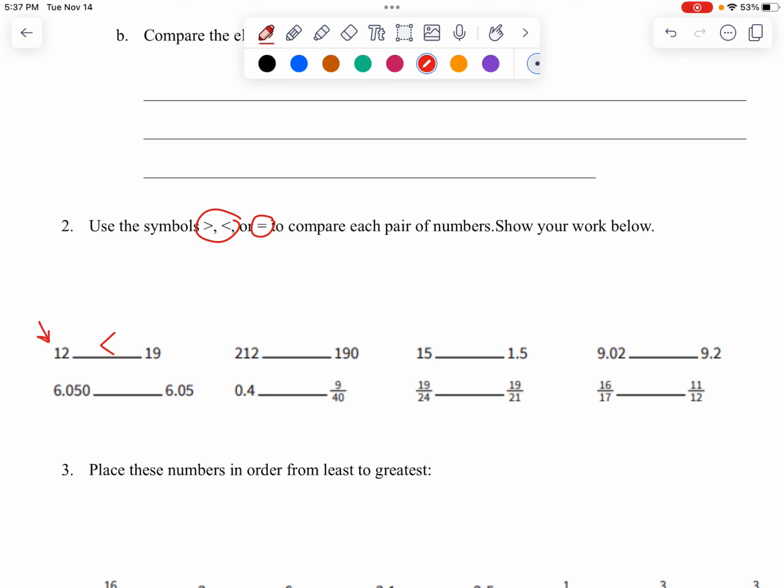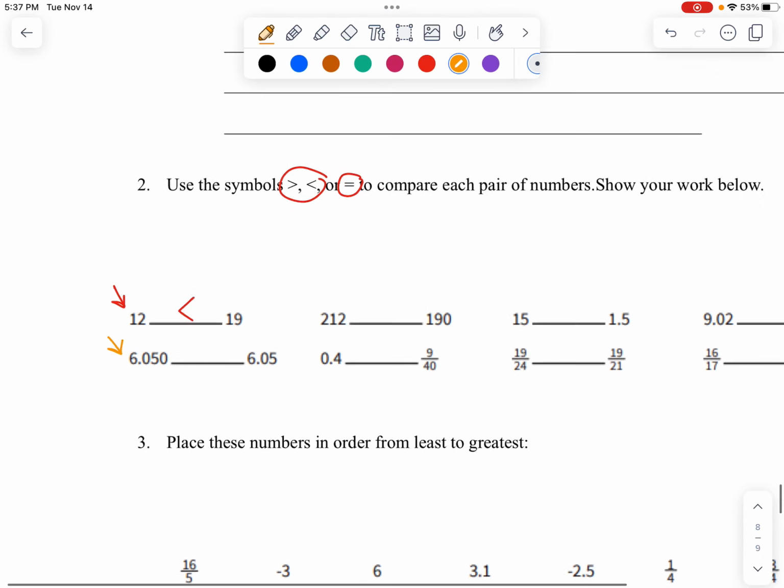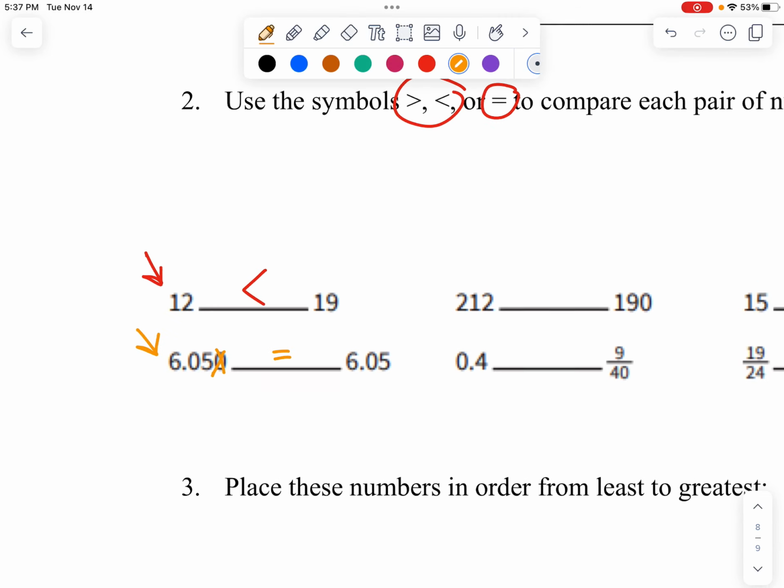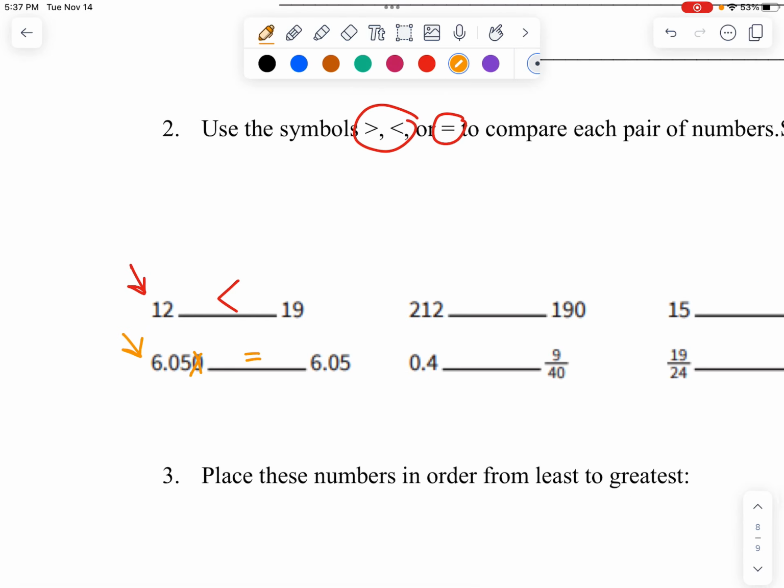If you're looking at a question that's a little bit more complicated, like for example, 6.050 and 6.05, you want to think about something like place value to help you. So in this case, I know the 0 here is a placeholder, and 6.050 is equal to 6.05. So you're just comparing these numbers to determine which is least or greatest.